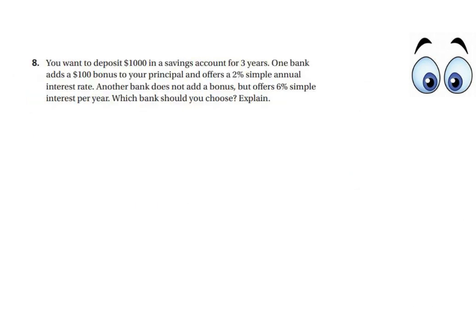For number 8, you want to deposit $1,000 in a savings account for 3 years. One bank adds a $100 bonus to your principal and offers 2% simple interest. Another bank does not add a bonus but offers 6% simple interest. Which bank should you choose? So we'll start with our simple interest equation for both.